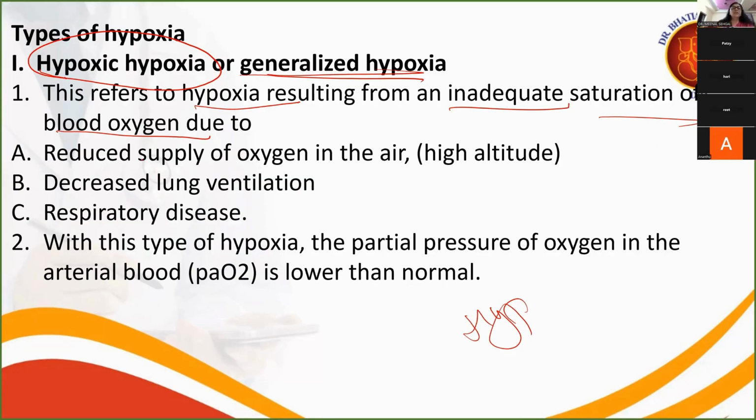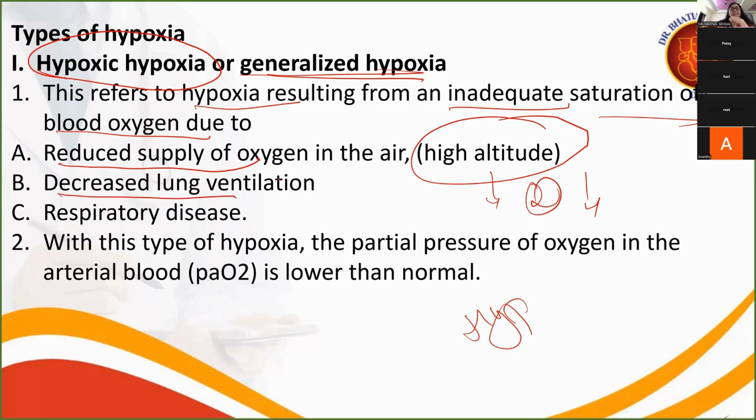For example, there is no oxygen in the environment itself, like when you go to high altitudes, to the Alps, to high mountains. So oxygen in the atmosphere itself is low. There is decreased atmospheric oxygen pressure, decreased oxygen supply. Such conditions will cause hypoxemia and hypoxia.